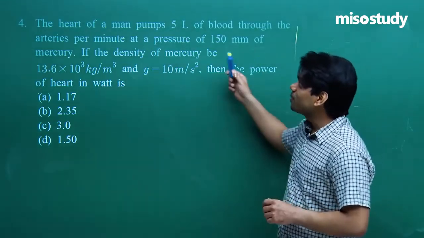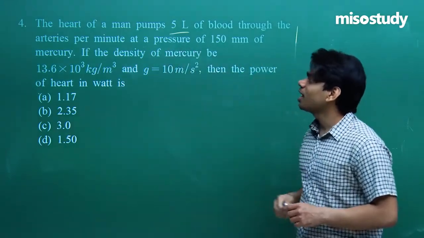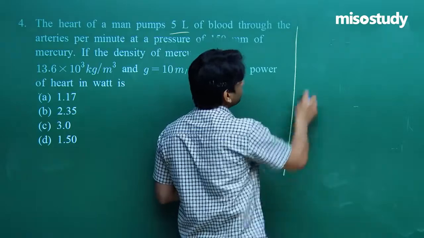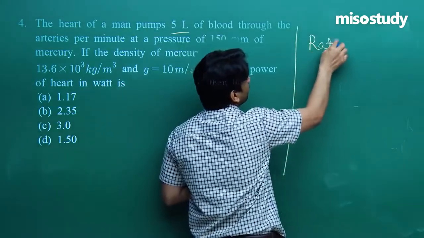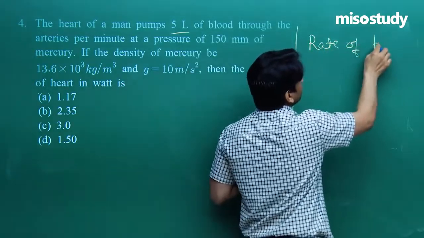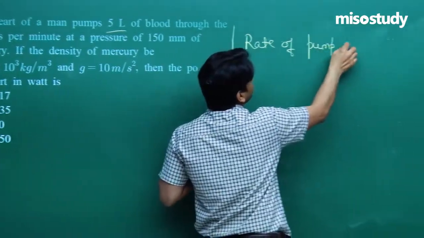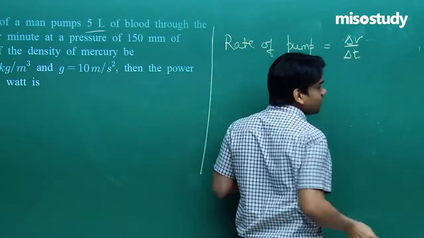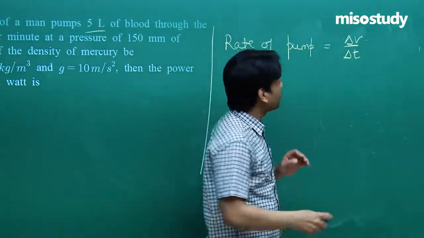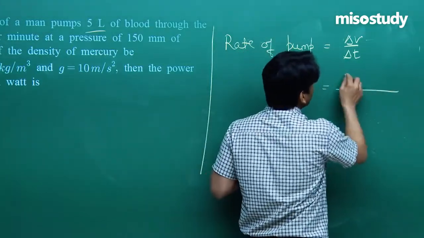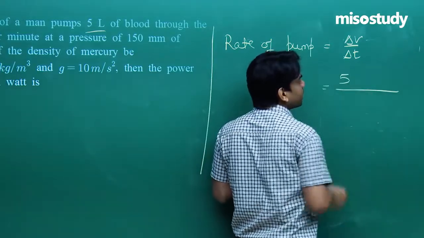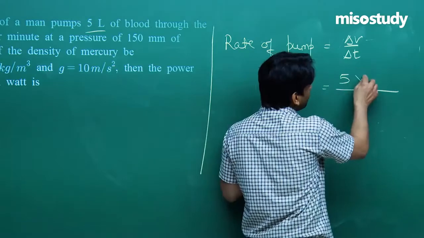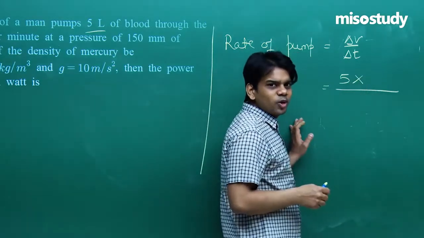It says that it pumps 5 liters of blood through the arteries per minute. So if I talk about the rate of pumping, it is given as delta V by delta T. 5 liters of blood is pumped. And 1 liter is how much? 10 to the power minus 3 cubic meter, because 1000 liters is equal to 1 cubic meter.